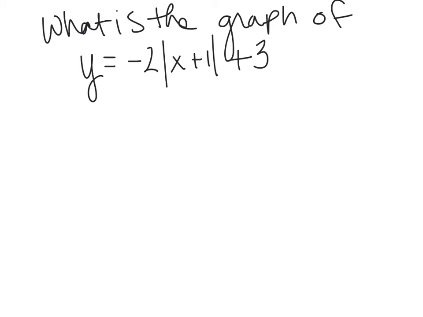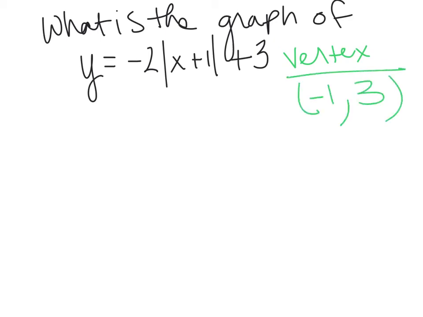What is the graph of -2 absolute value of x plus 1, plus 3? So my vertex is going to be at (-1, 3), because I always do the opposite of h, and then just my k. And the 2 means it's going to be a stretch.